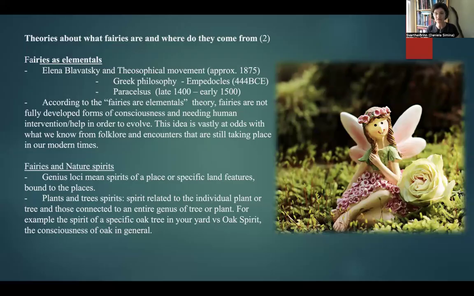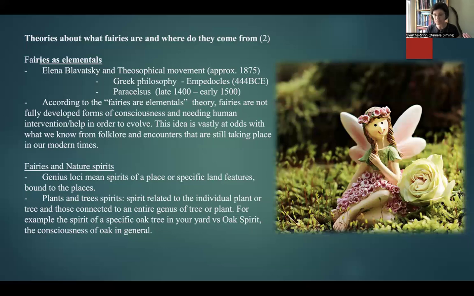So we have spirits related to individual plants or trees, or overarching spirits for an entire genus or species. For example, the oak growing in my backyard has its own oak spirit, versus in general the consciousness of oak trees as a species.